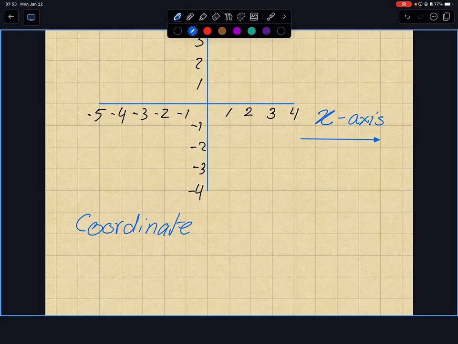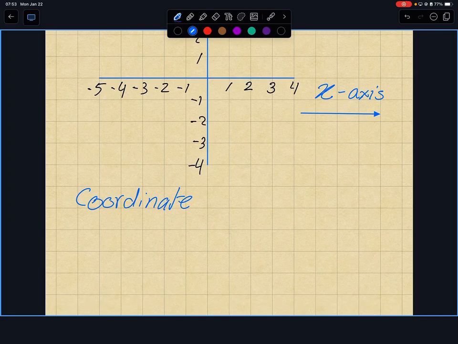You need coordinates in order to fill in the graph. And a coordinate is indicated by a capital letter, not a lowercase one, a capital letter, bracket, a number, a comma, x value and y value.